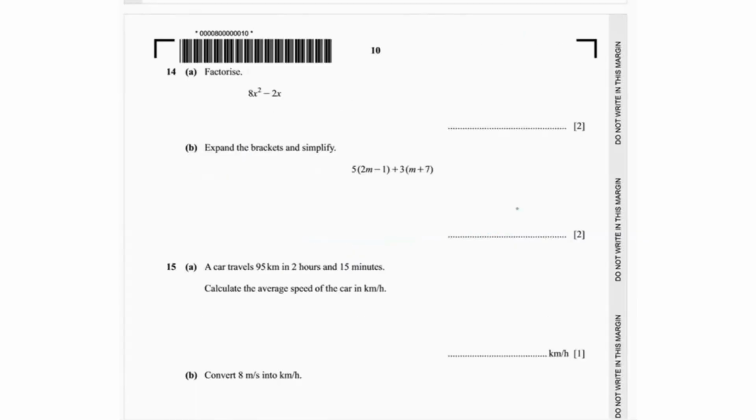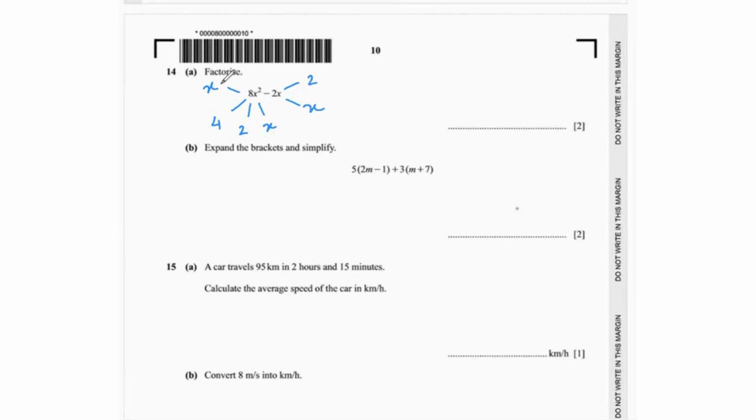Question 14 says factorize 8x squared minus 2x. So what we need to do over here, we need to see what is the highest common factor between 8x squared and 2x. We know that 8 is 4 times 2, and the x squared is x times x. 2x is 2 times x.